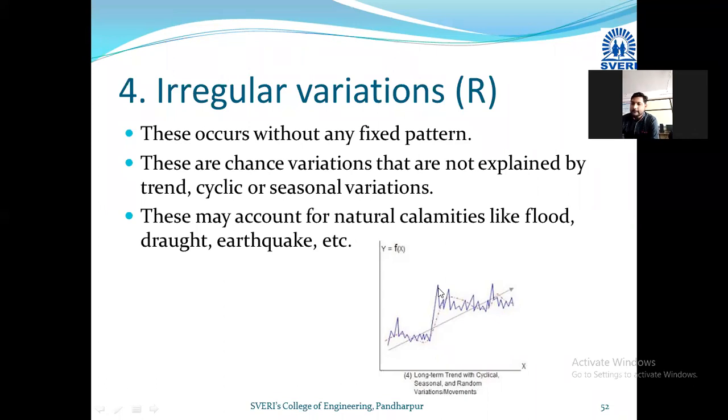Suddenly the demand is increased or decreased, and it happens due to natural calamities like flood, drought, earthquakes, or anything not in human hands. Variation due to such things is considered irregular variation. Getting everyone?